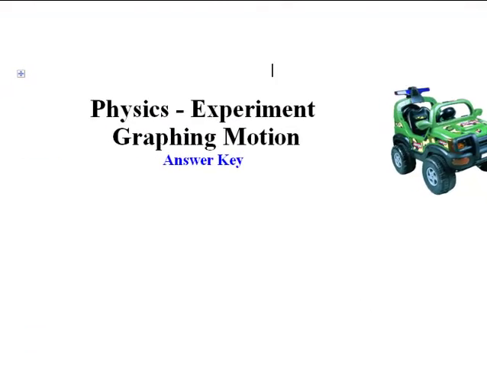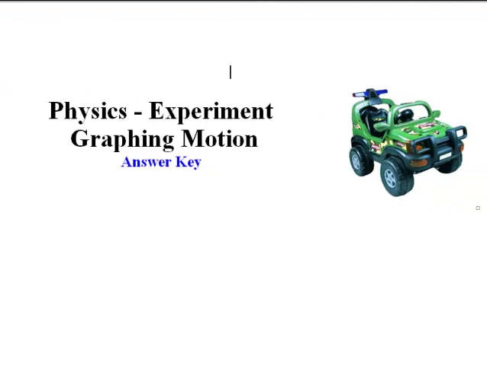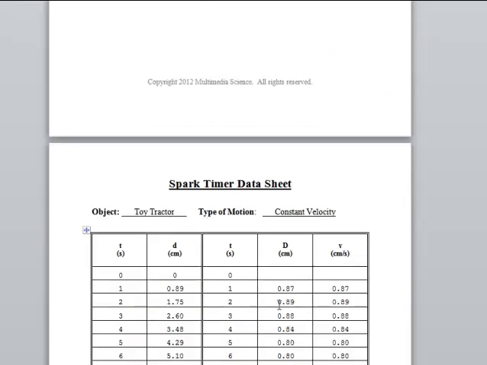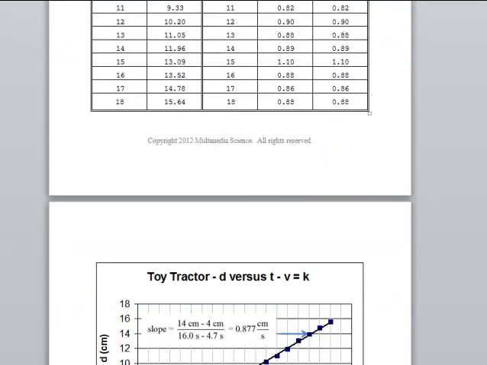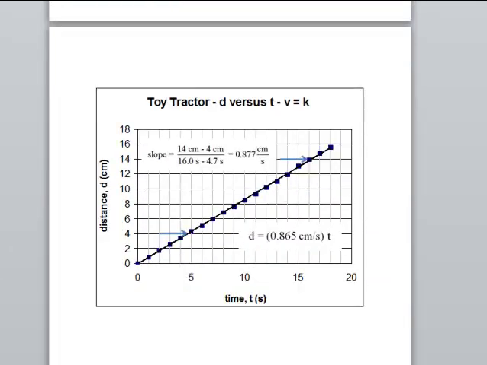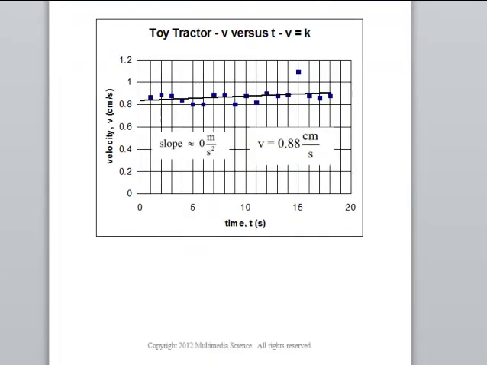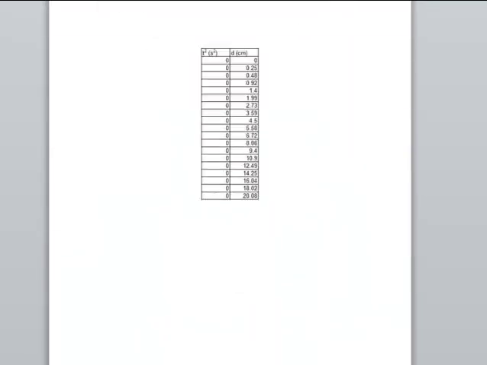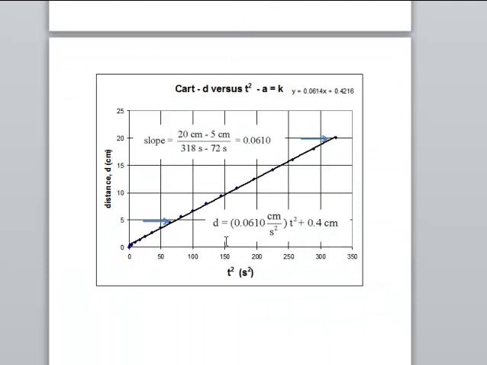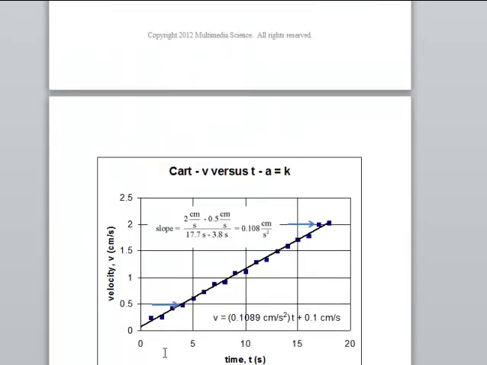So here's an answer key for the experiment. You see here's some sample data that's taken from a toy tractor. Here's the resulting graph or graphs. Here's the constant acceleration case, and this leads to allowing students to develop the equations for motion.